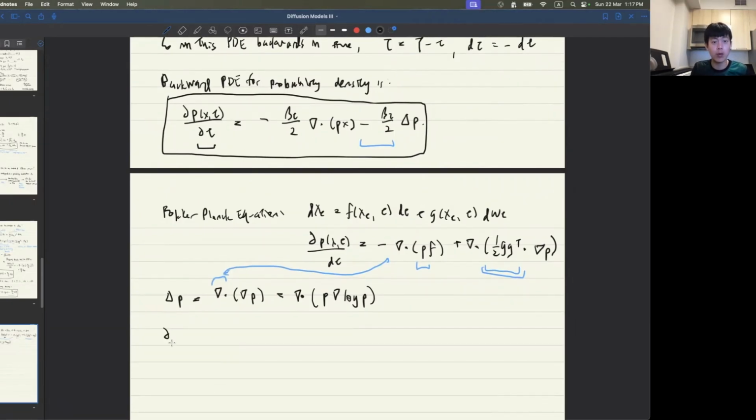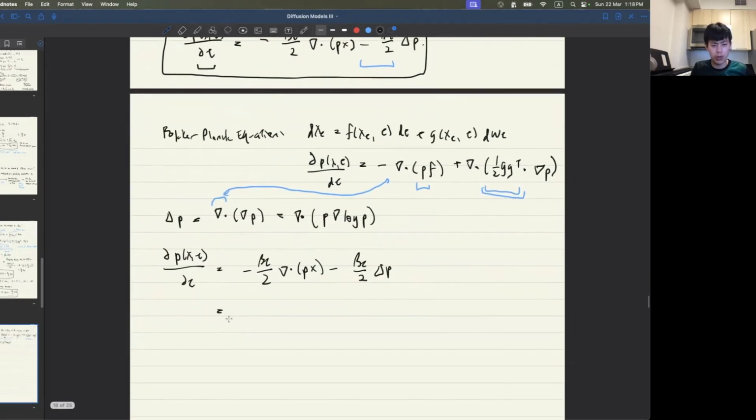If we look at the backward PDE again, partial p(x,t) partial t is equal to, let me just copy out the equation, this is equal to minus beta t over 2. The first term stays the same. As for the second term, we really want to convert it into something that is a positive coefficient times the Laplacian of p.